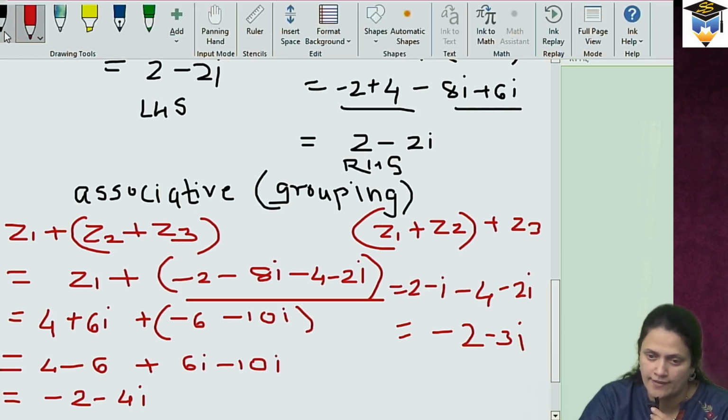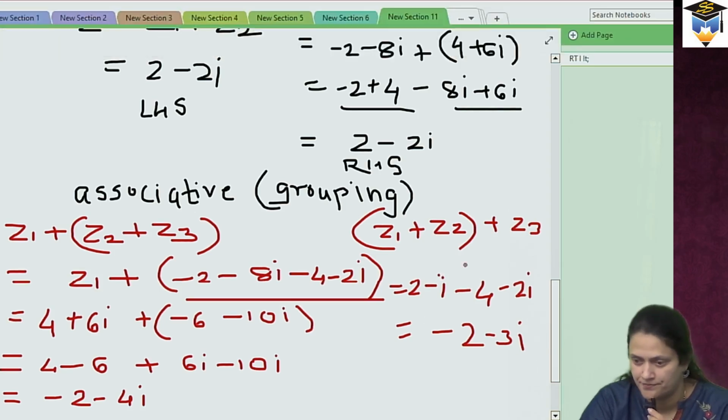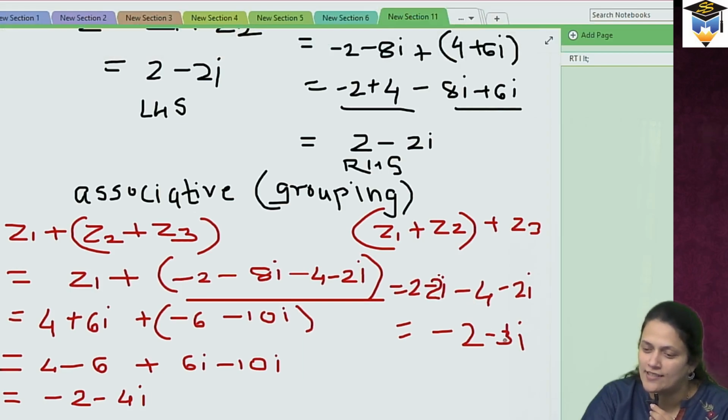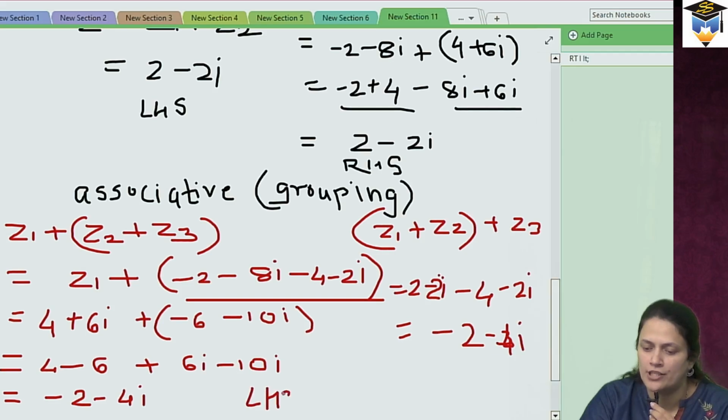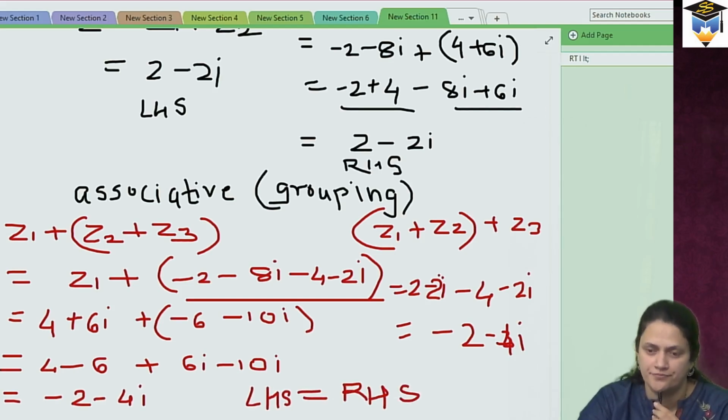Got my mistake. Here I have to write 2i. I forgot to write 2 over here. Answer is minus 2 minus 4i. So that means LHS is equal to RHS. So this property is also proved. Understood?